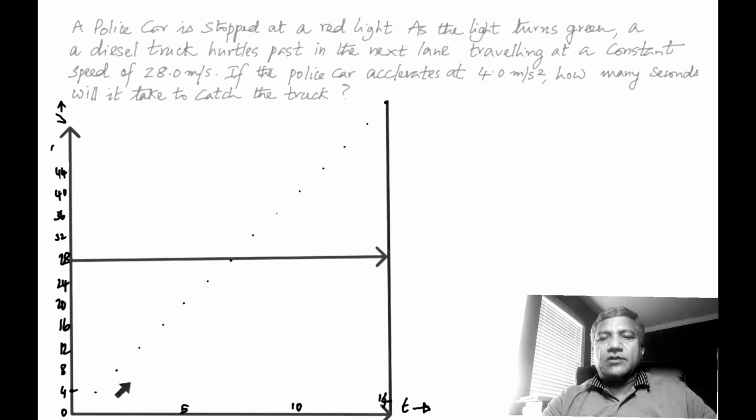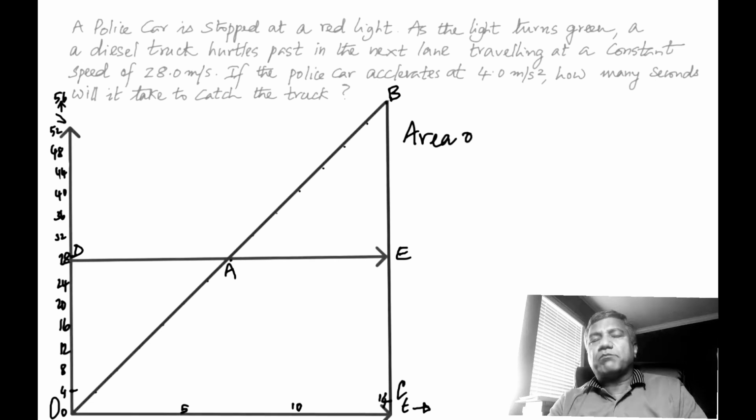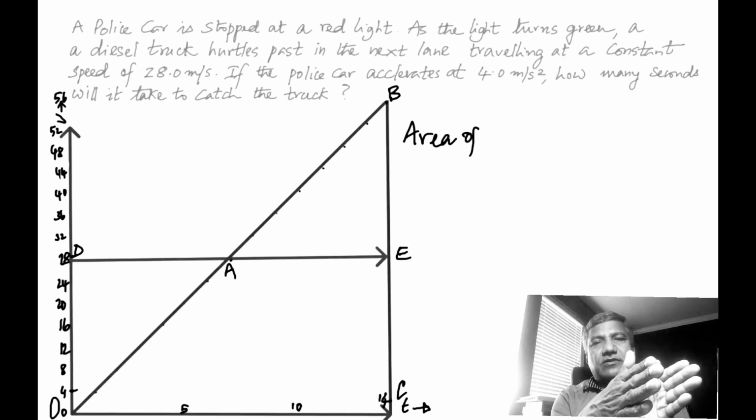But for the police car, since there is an acceleration, this is the graph that you get. So I've labeled the points. And the most important thing here is to know that after t seconds, where t is the unknown time, both of them should have traveled the same distance. Or rather, their displacements must be the same.